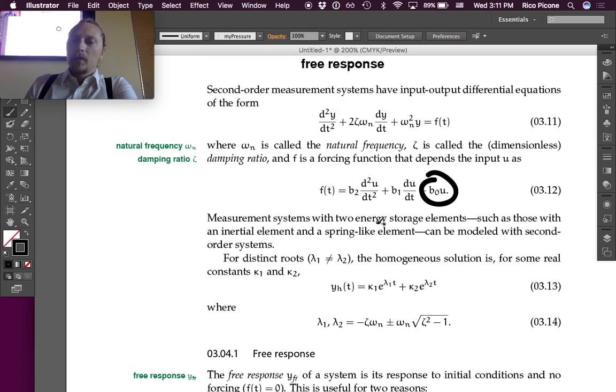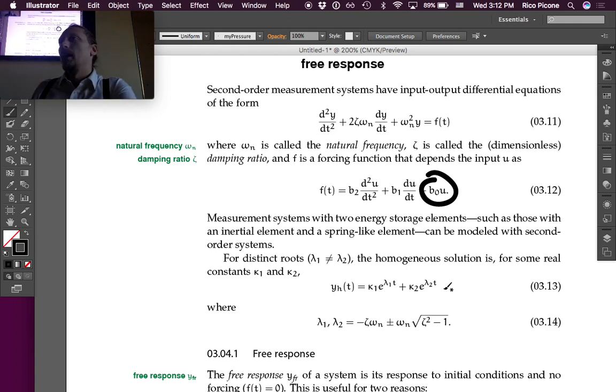Measurement systems with 2 energy storage elements, such as those with an inertial element and a spring-like element, if you're thinking about a mechanical system, can be modeled with second order systems. So quite a few of our systems are going to be second order. First and second order systems are very ubiquitous.